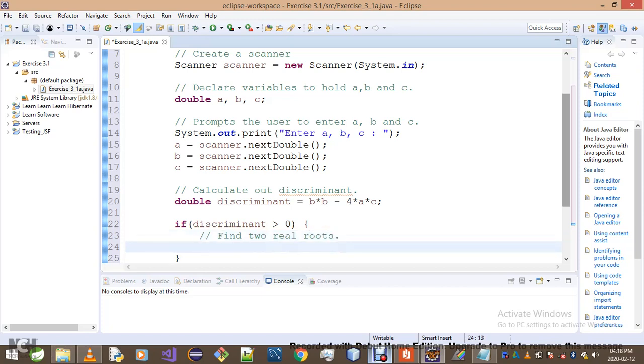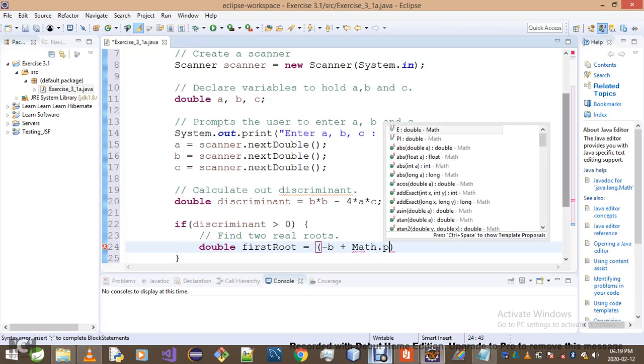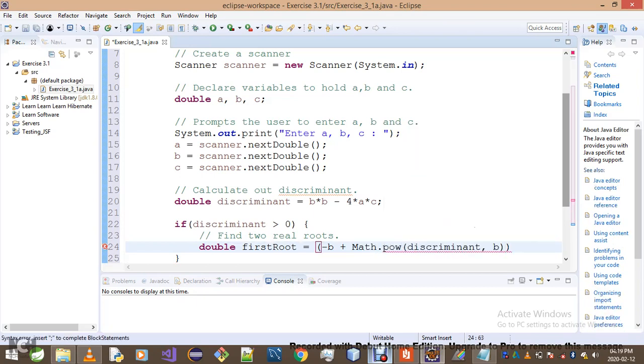Double first root is given as minus b plus math.pow, and here I'll put, of course, discriminant, because I want the square root of discriminant.